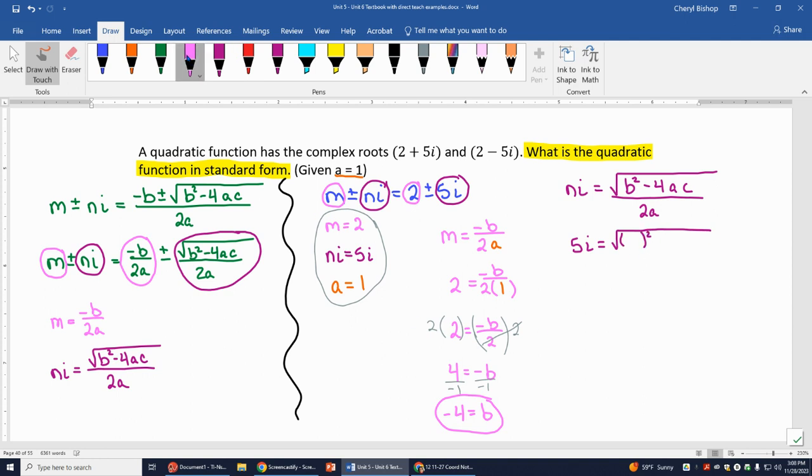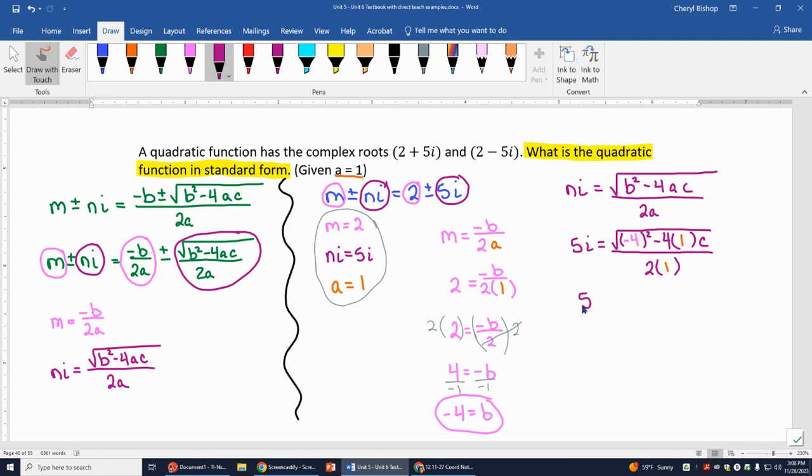I know what b is. B is negative 4. Minus 4a. I know what a is. A is 1. C, I don't know what c is. All over 2a. I know what a is. A is 1. Now let's simplify this and solve for c.